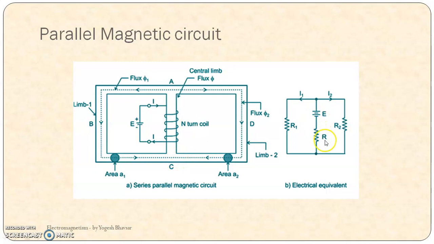So there is a resistance R. On this side B, there is limb 1 whose reluctance is S1. Here the resistance is R1. And on this other limb, we have limb 2 whose reluctance is S2, and here the resistance is R2. So this is how we can draw the analogous electrical circuit for this parallel magnetic circuit, right? So this is called the parallel magnetic circuit.